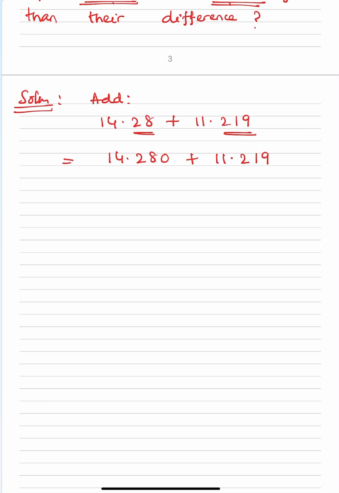Now let us add. So we'll first put it vertically so we'll not make mistake. Plus 912.11. This is nothing but 994 decimal point 5 and 2. Now this is their addition.